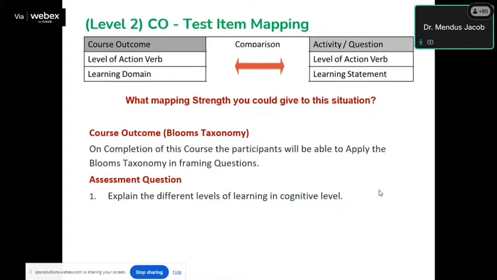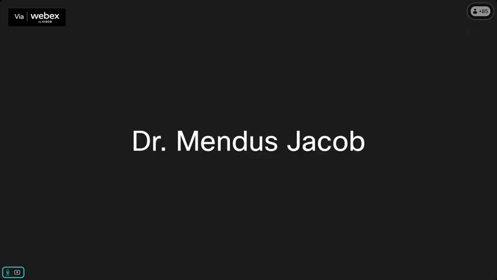Can I say that the student has attained this outcome, or can I assume like that? Okay. What is your answer?